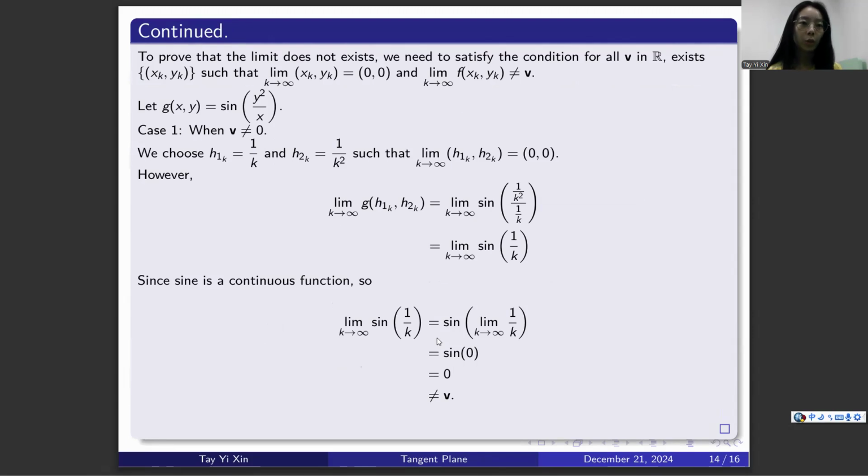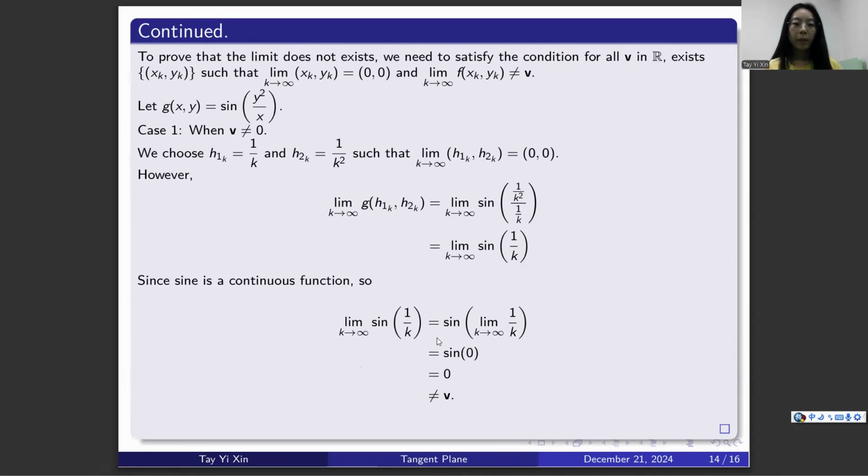Now we let g(x,y) equal sine of y squared over x. We have two cases. Case 1 is when v does not equal 0. We choose h1k equals 1 over k and h2k equals 1 over k squared. So the limit of (h1k, h2k) as k approaches infinity is (0, 0).